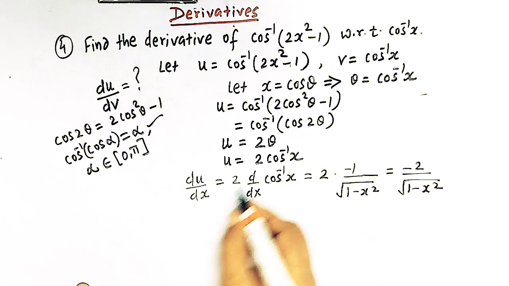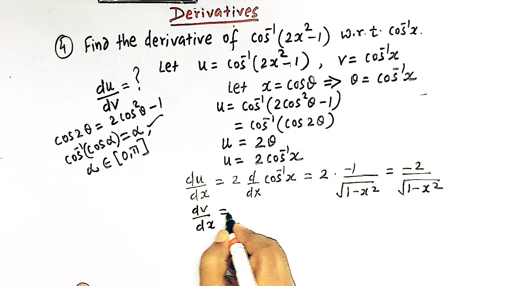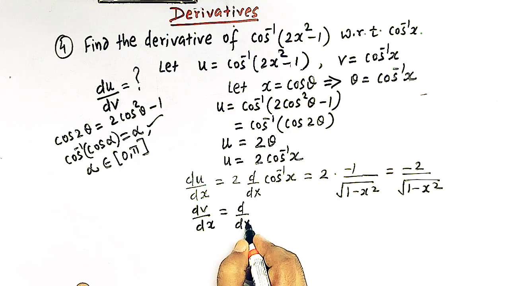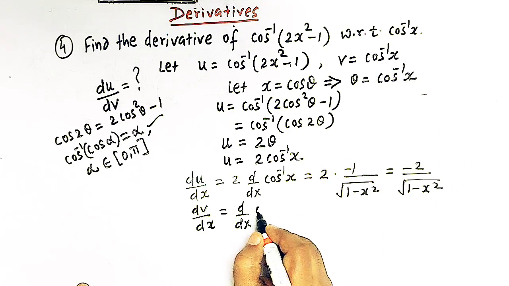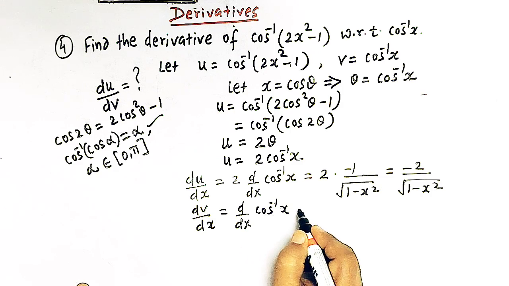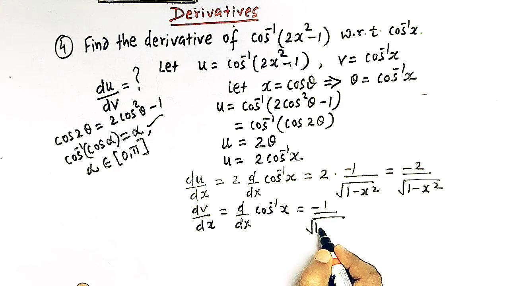And now let us find out dv over dx. So the derivative of v with respect to x is d by dx of cos inverse x, that is minus 1 over square root of 1 minus x square, right?